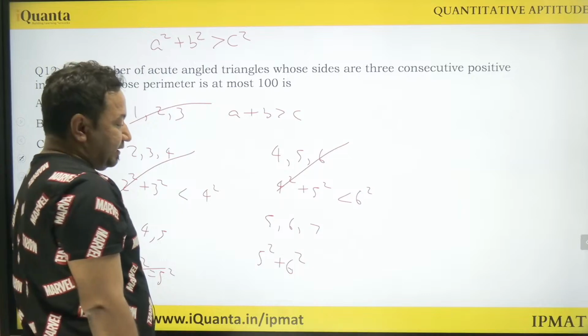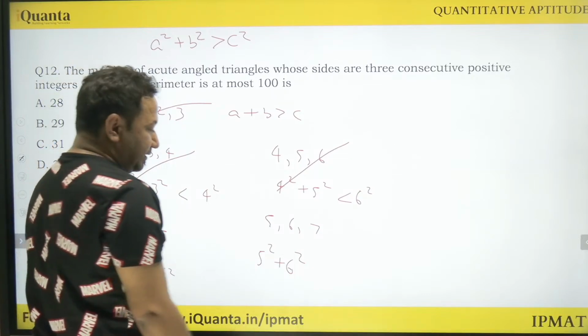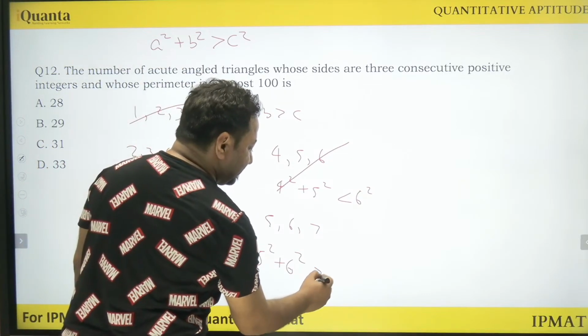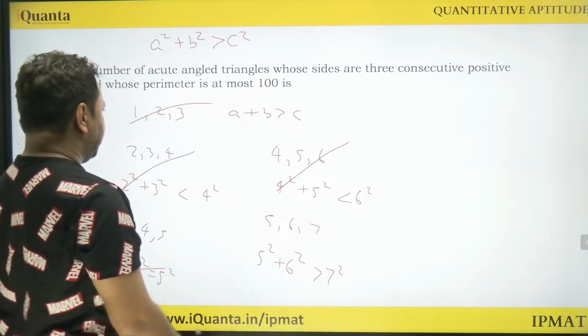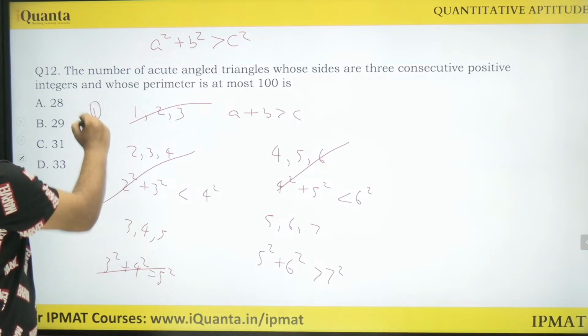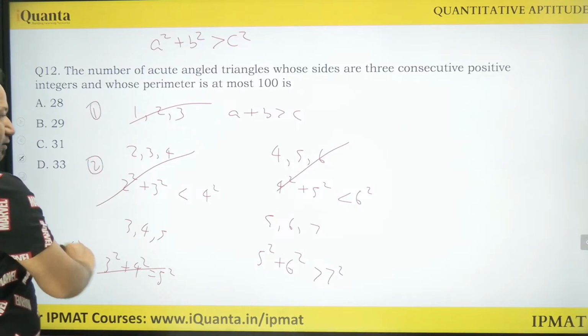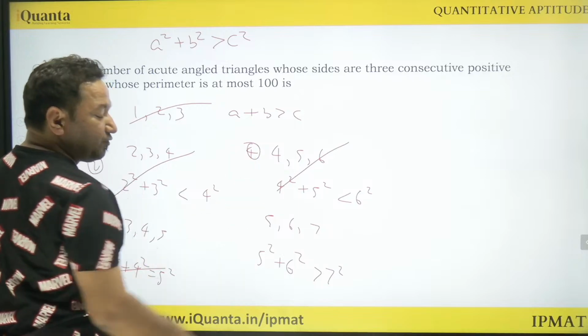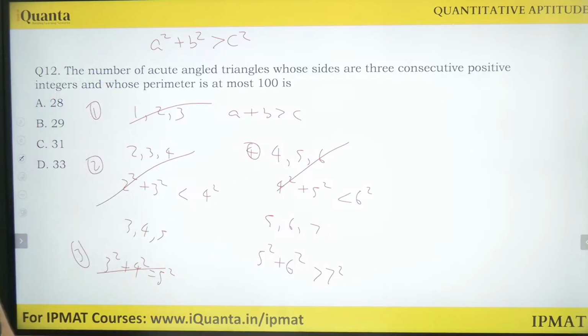That is how much? 61. 61 is actually greater than 7 square. That means out of all the possibilities, first, second, third, fourth are ruled out, and as we go further, we'll increase the number of possibilities.